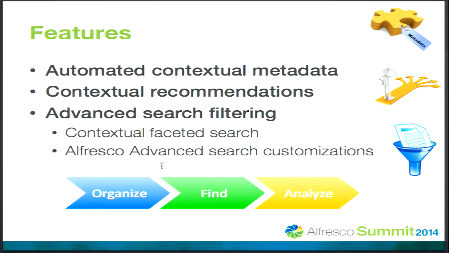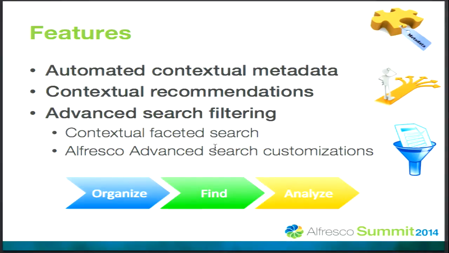Automated contextual metadata means we are providing metadata that represents the context, and with contextual recommendations, we are recommending similar documents based on the context. We also have search enhancements, especially for filtering when you have too many documents in your search results.